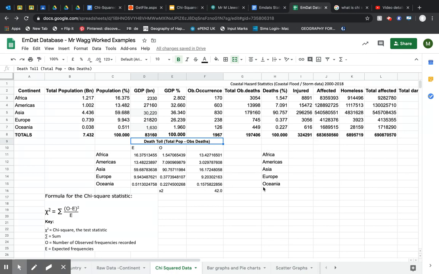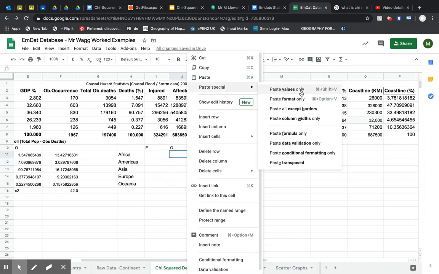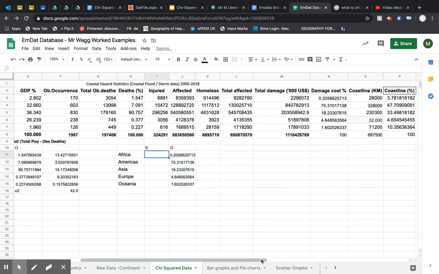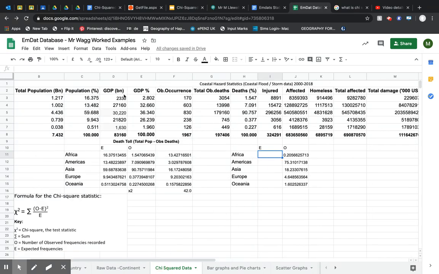of course we are, but for now, we want to do the same thing: expected, observed. So this time, our observed is going to be the cost as percentage. So what percentage? Paste special, paste values, and my expected is going to be my GDP. Okay.